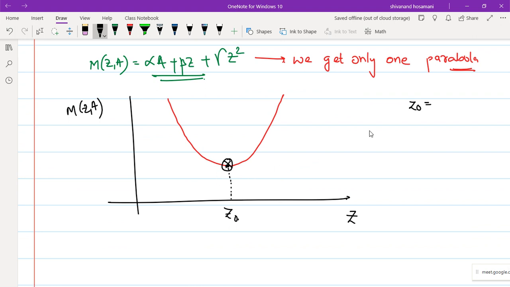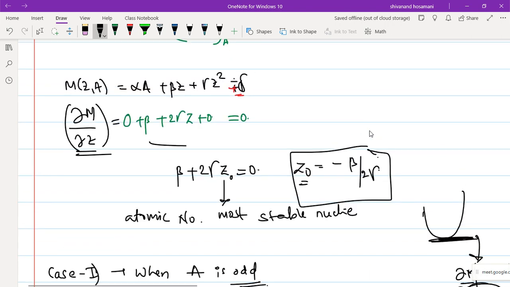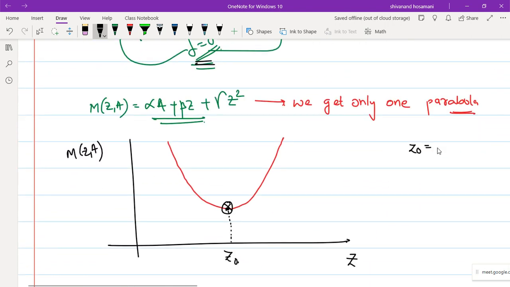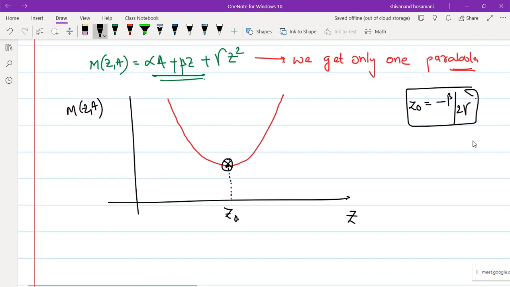Z is equal to, that is our target, minus beta divided by 2 gamma. So that is the term. Then see here, if you look at this, if I go on increasing the Z value, if I go along the plus sign and if I go along the minus sign, okay.